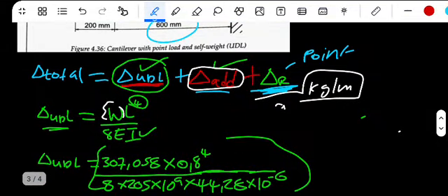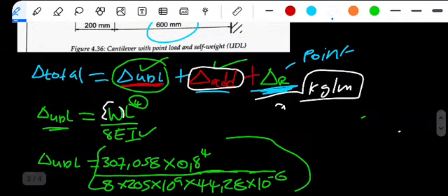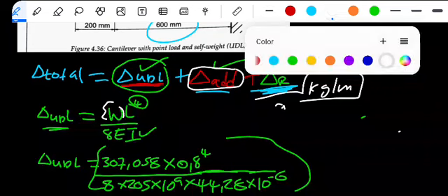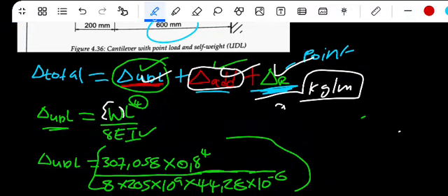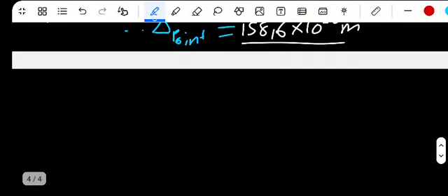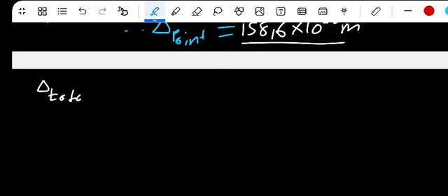So we have this, we have that, we have this. Now we can find our total deflection.